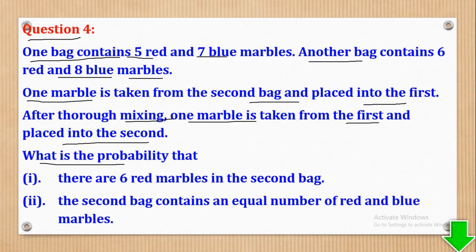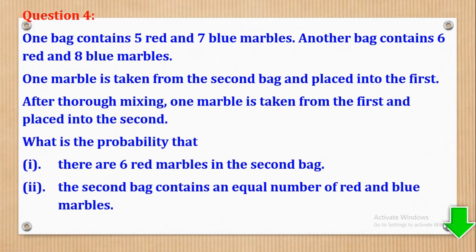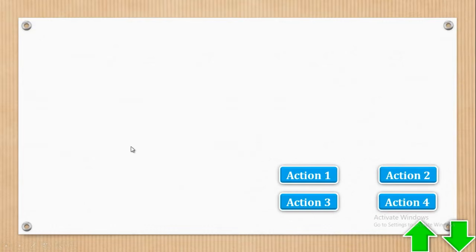What is the probability, Roman 1, that there are 6 red marbles in the second bag? And Roman 2, the second bag contains an equal number of red and blue marbles. So still we shall need a tree diagram.